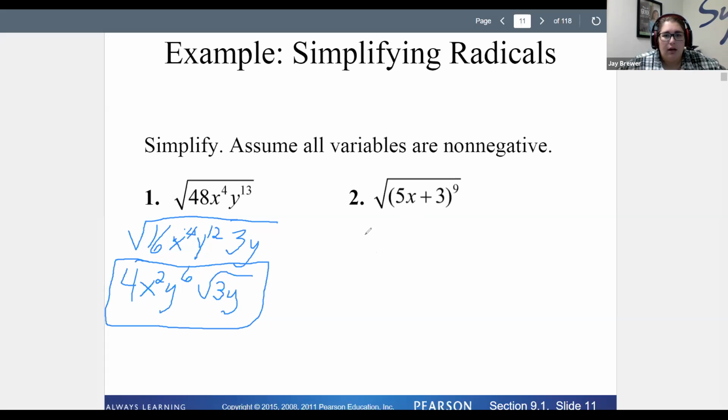All right. How do you think we can rewrite the next problem so that we can easily bring something out? With the square root, do we like even numbers or odd numbers, if we want to find the pairs?